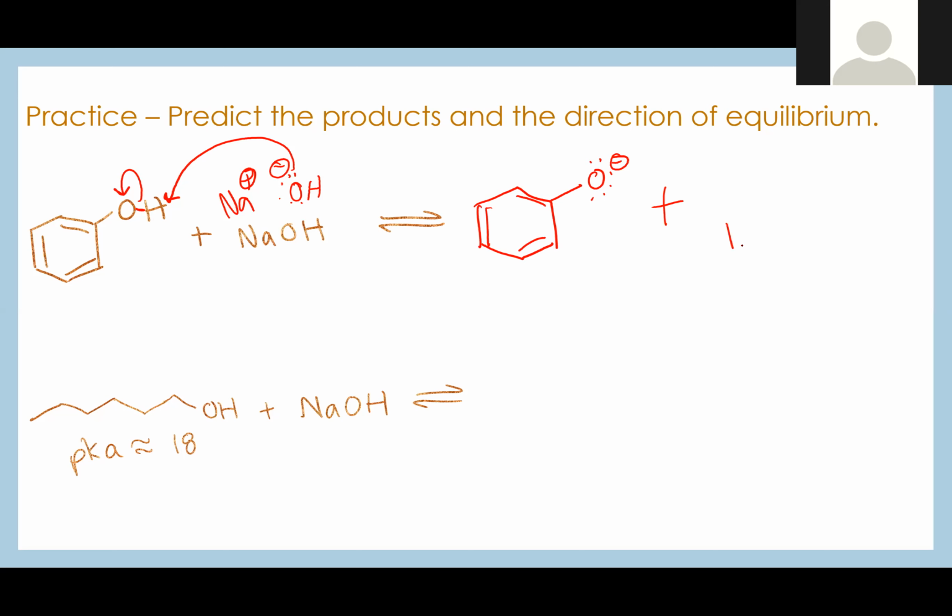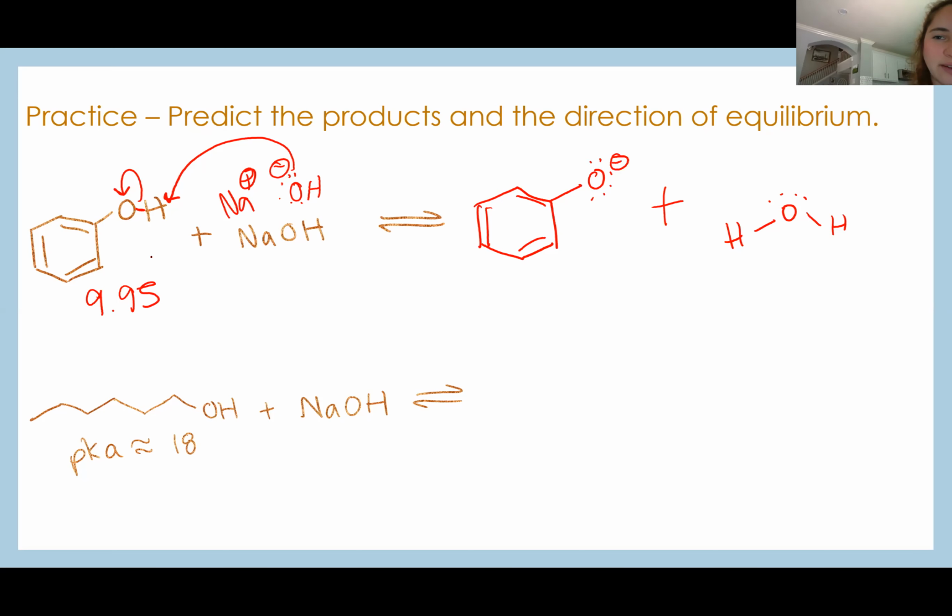Right. Okay, so if we want to predict the direction of equilibrium, we need the pKa of our acids. So what was the acid on the reactant side? Phenol, which has a pKa of around 9.9.